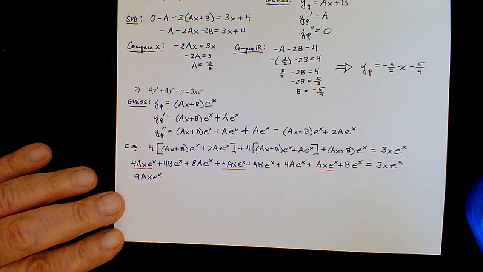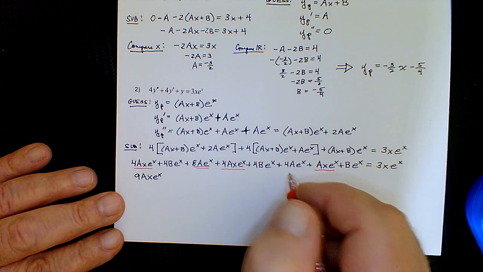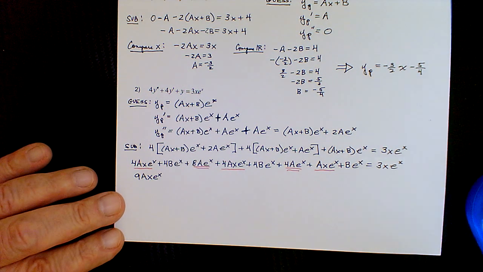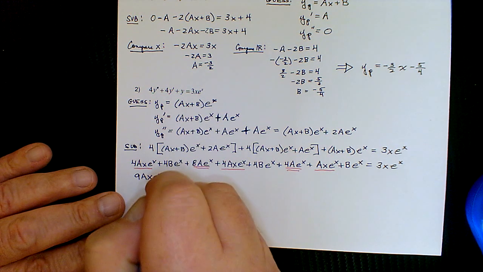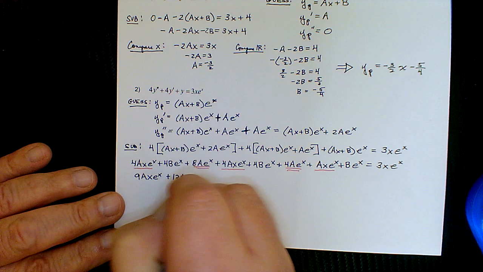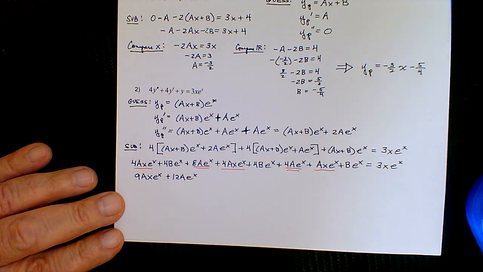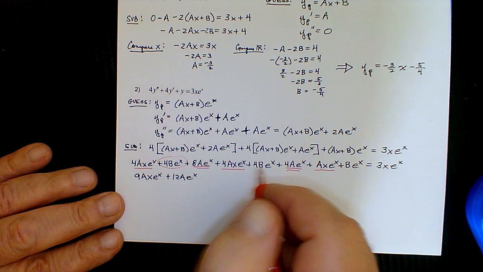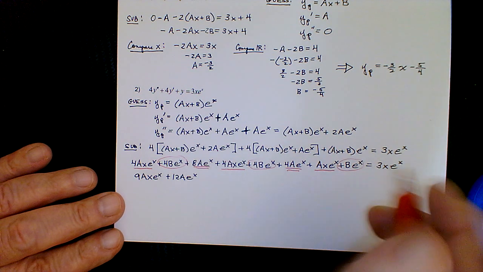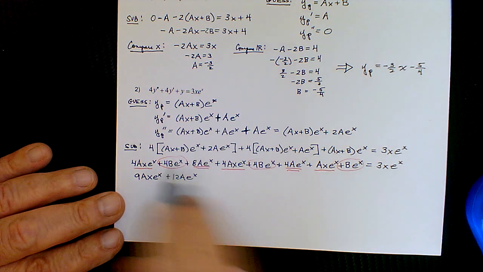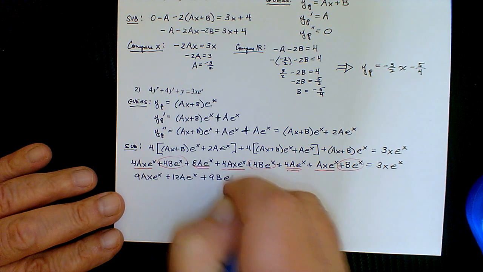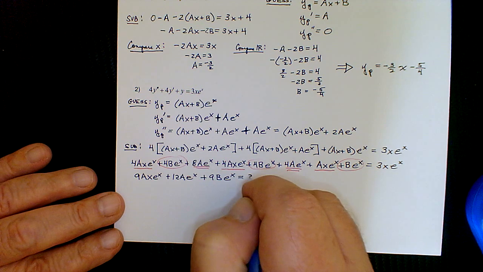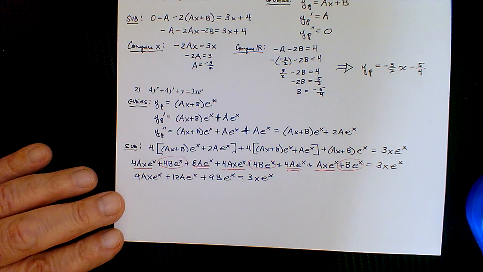And let's see if we can combine anything else. 8a e to the x and this 4a e to the x gives us 12a e to the x, and then these b e to the x's can be combined. We got 4 and 4 is 8, plus 1 is 9 of them. So plus 9b e to the x, and that has to equal 3x e to the x.